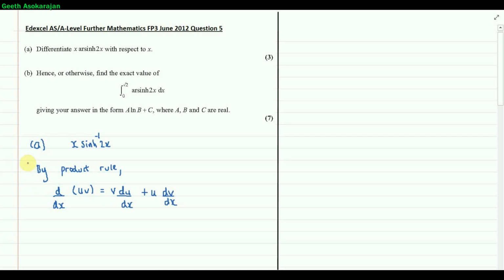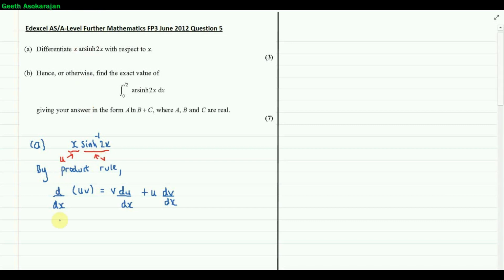Here's the product rule. I'm going to take my u to be x and my v to be the inverse hyperbolic sine 2x.